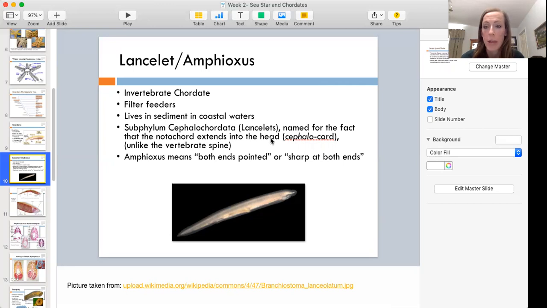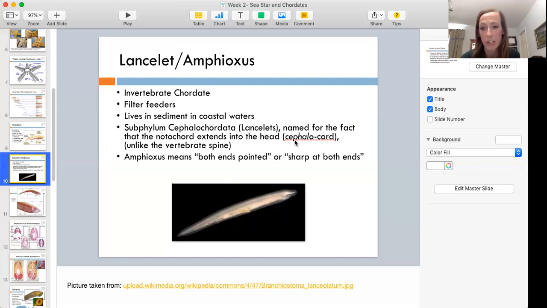So in many other groups, you'll see that the brain, or a conglomeration of cells that make up the organism's brain, is the most rostral structure in that head region. Whereas in lancelets or amphioxus, you'll see that the notochord actually extends beyond the nervous system structures, more rostrally. Okay, and so that is where it takes its name, cephalochordate. The notochord extends into the head in these organisms.